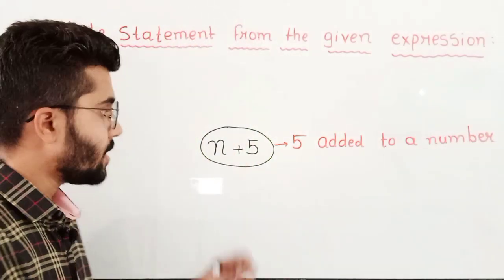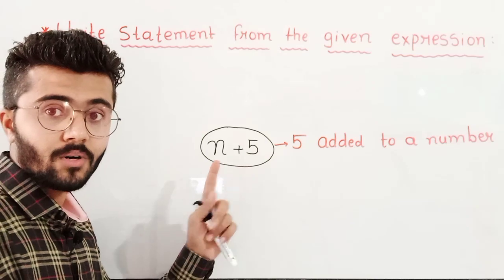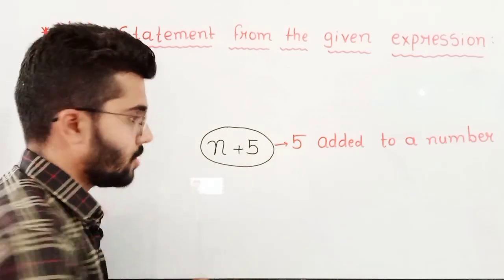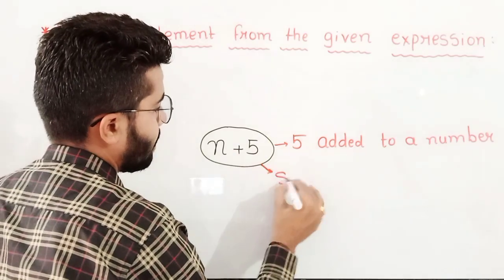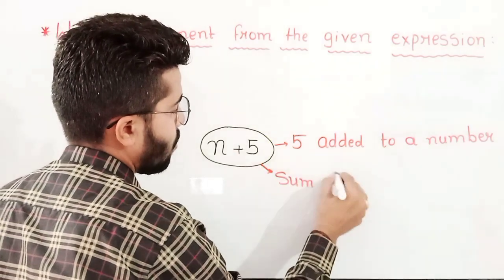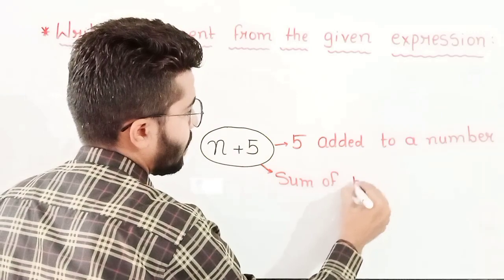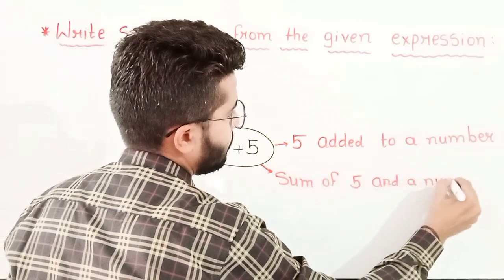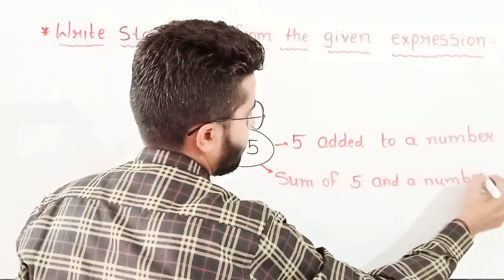Second, can we say that sum of a number and 5? Sum means addition. So can we write that also? Sum of 5 and a number.